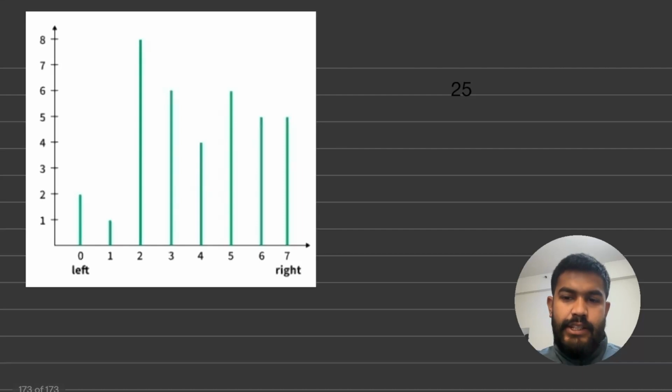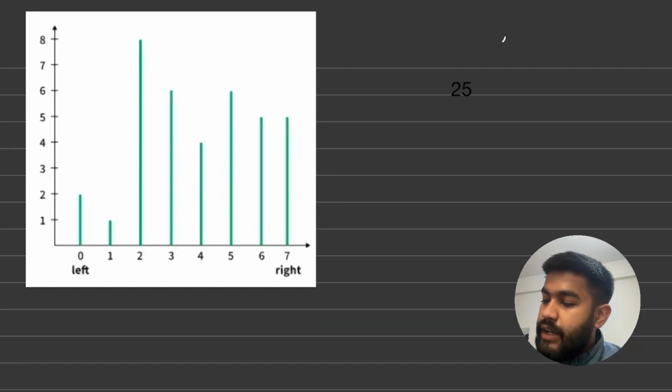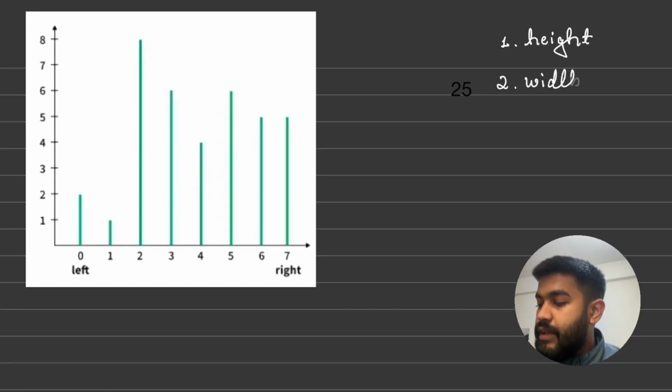If I just visualize this problem, this would be the kind of figure. So the very first scenario I can think of is that there are two factors that would influence the amount of water. The very first one is the height, and the very next factor is the width, and the answer would be nothing but height multiplied by width.